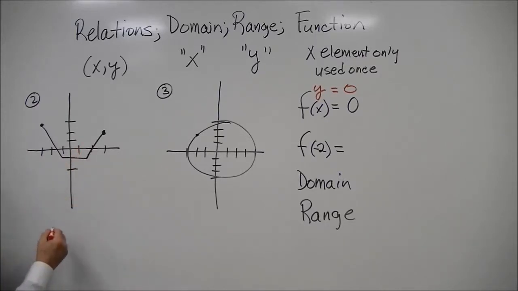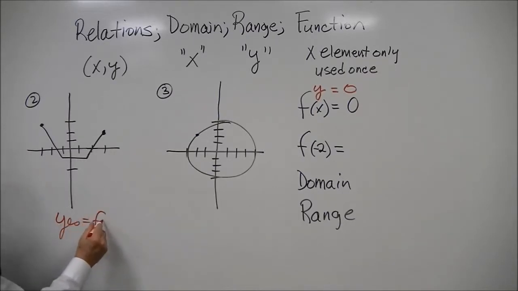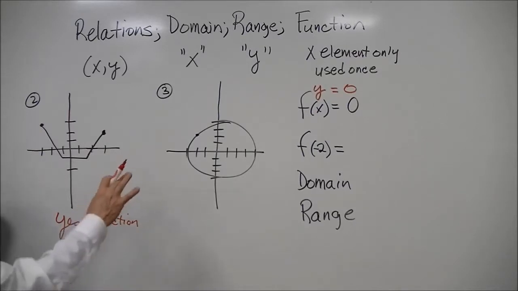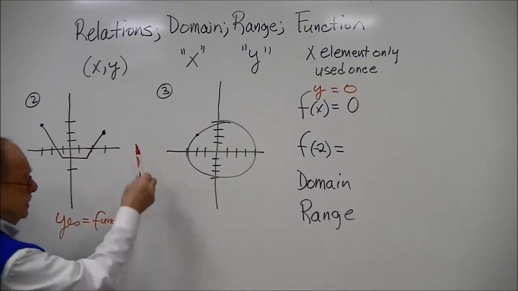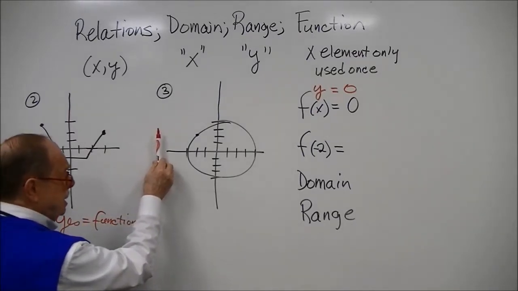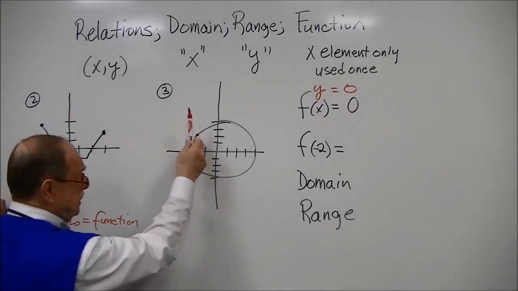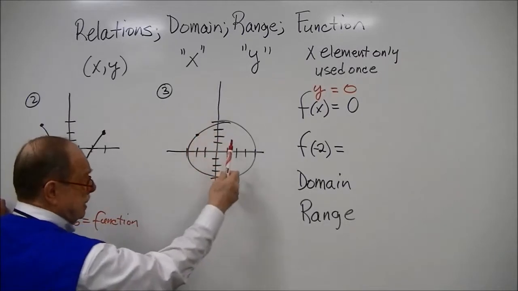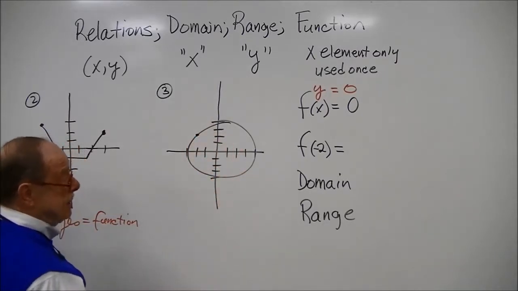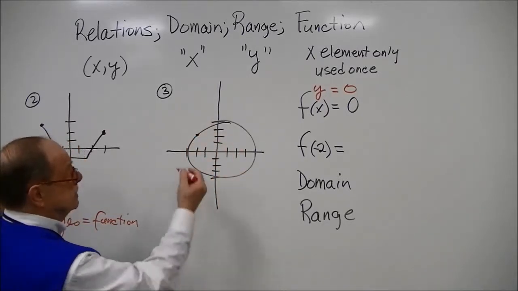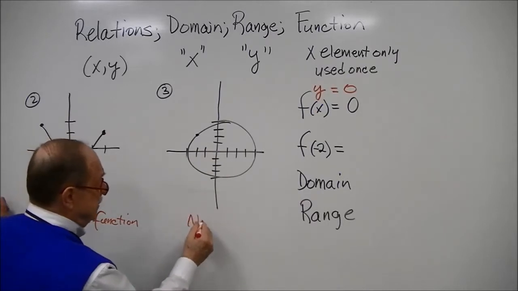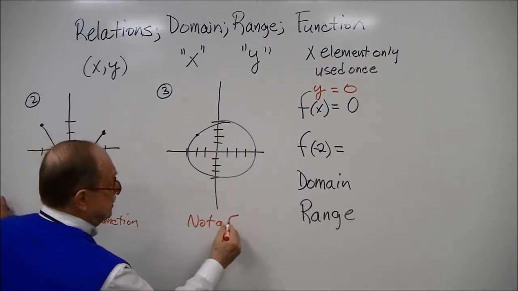So yes, this is a function. And let's do this one. As you see, as you pass the vertical line over the face of the graph, it intersects there, there. It does not pass the vertical line test. So this is not a function.